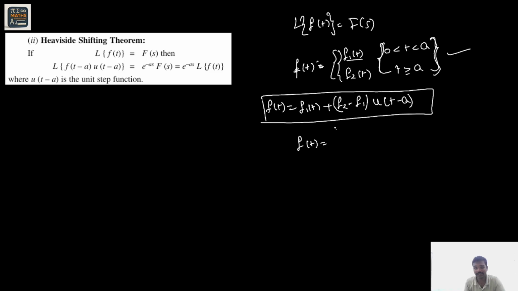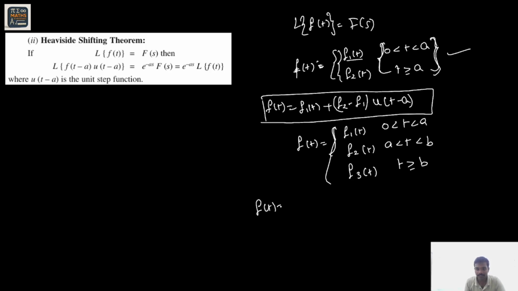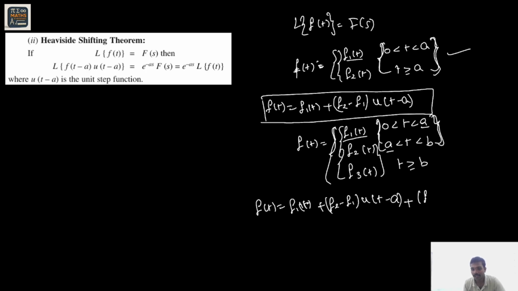So if the given function is like this, f1 of t if 0 less than t less than a, f2 of t if a less than t less than b, and f3 of t if t is greater than or equal to b, then the Heaviside form for this function is f of t equal to the first term f1 of t, plus the difference between the first two terms, f2 minus f1, into u of t minus the common point between these two intervals, a, u of t minus a, plus the difference between the second two terms, that is f3 minus f2, into u of t minus the common point between these two intervals, b.